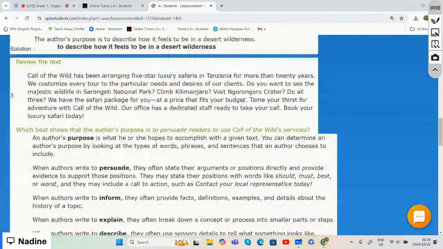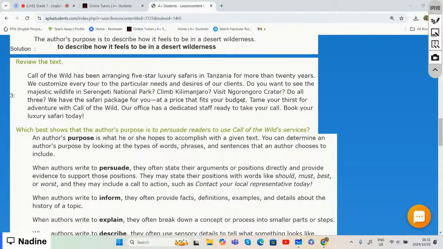It says, Call of the Wild has been arranging five-star luxury safaris in Tanzania for more than 20 years. We customize every tour to the particular needs and desires of our clients. Do you want to see the majestic wildlife in Serengeti National Park?